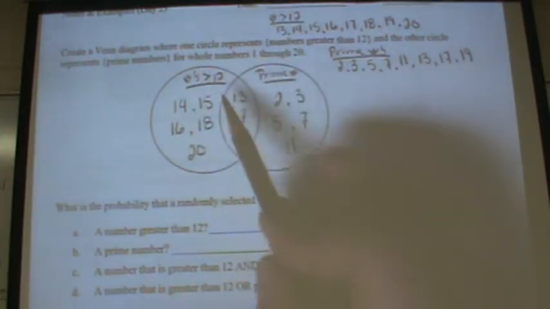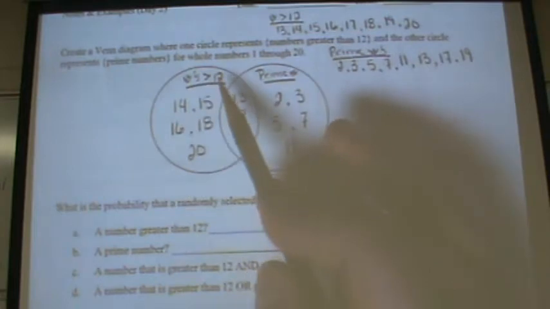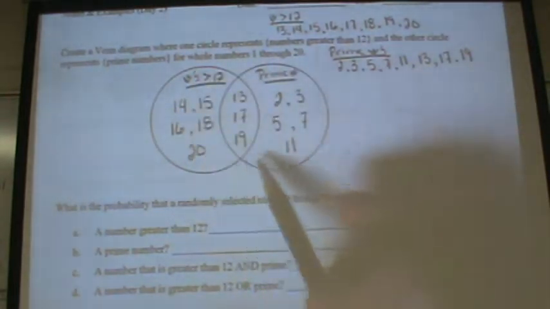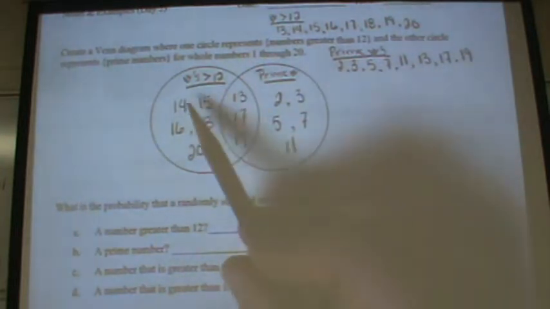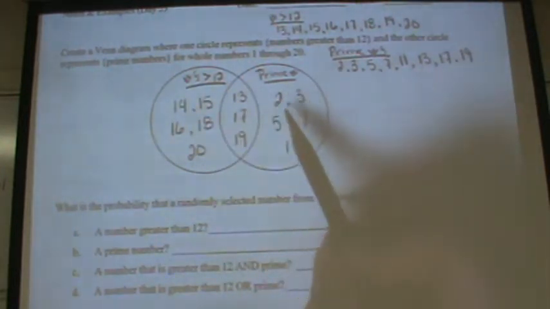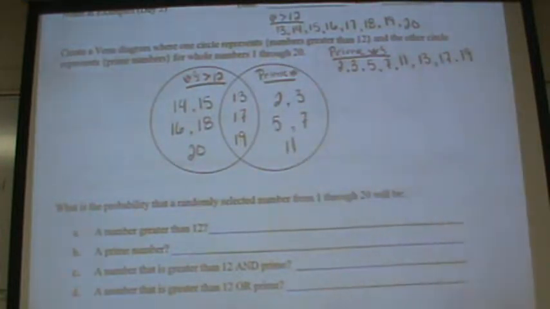We're looking at just our numbers that are greater than 12 and our prime numbers. So this is our set. We've got 1, 2, 3, 4, 5, 6, 7, 8, 9, 10, 11, 12, 13 numbers, right? So our whole set is 13.